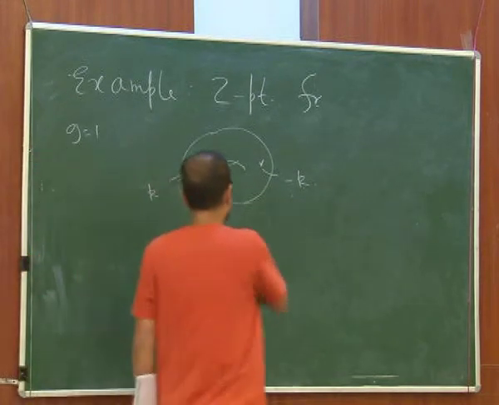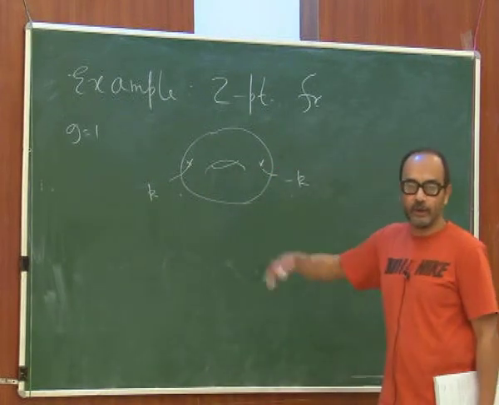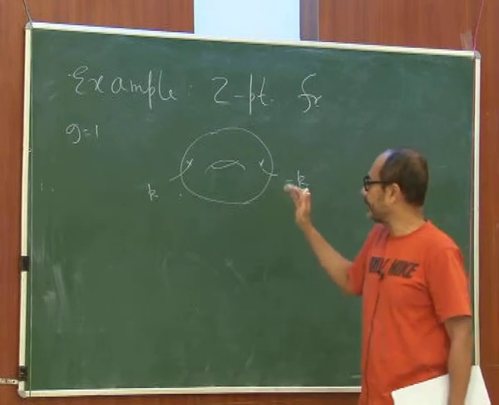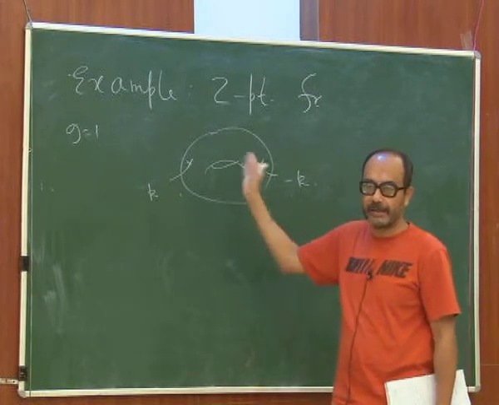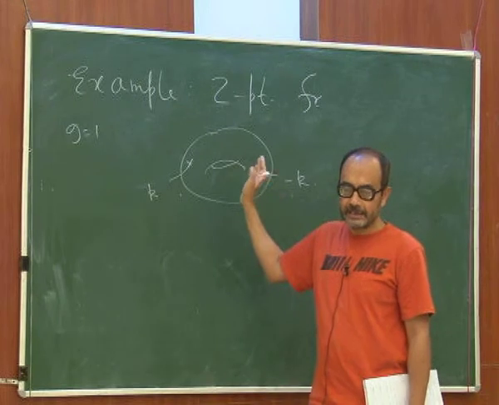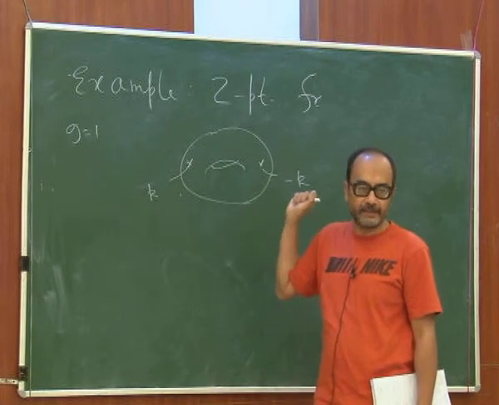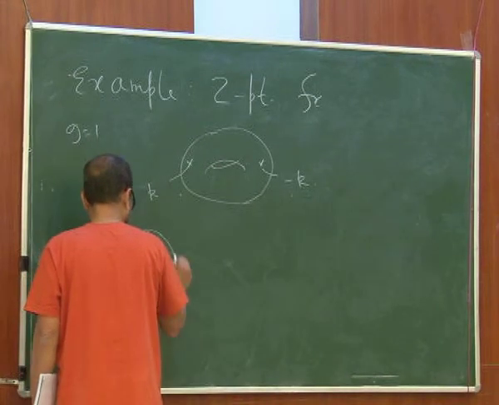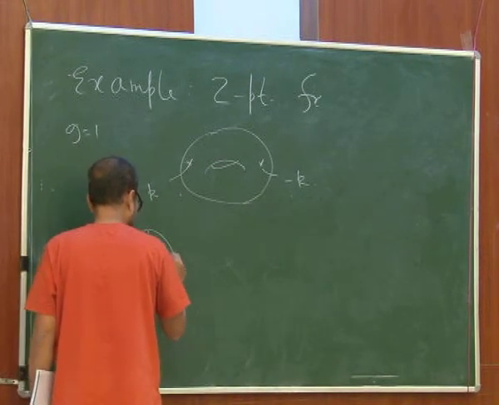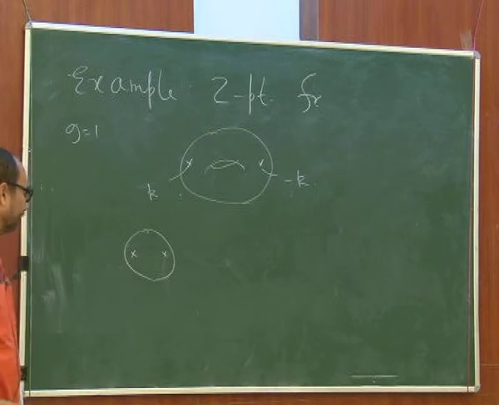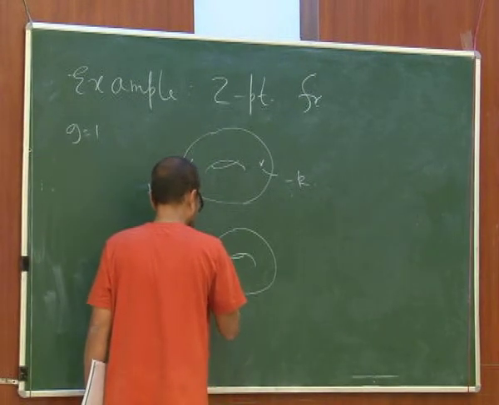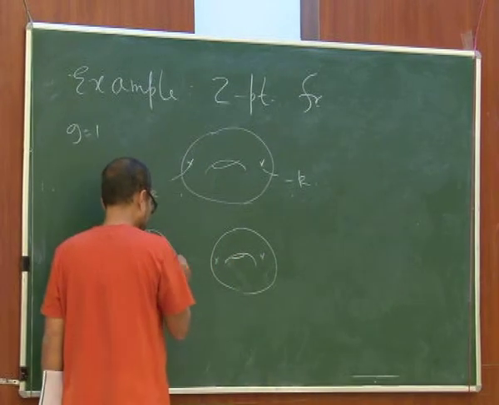Now, here we can declare all contributions to be one particle irreducible. Why? Because this genus 1 cannot be further subdivided into lower genus. So this cannot be obtained by gluing two lower genus surfaces. For example, this doesn't make any sense. You could ask, what about a 2-punctured sphere glued to a 2-punctured torus? Is that possible?